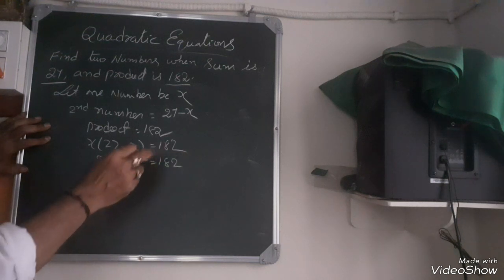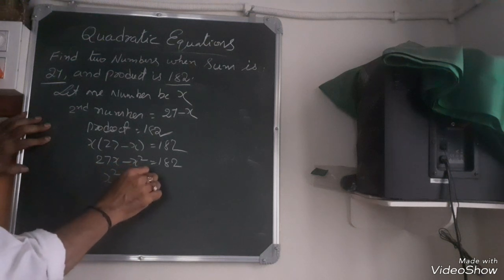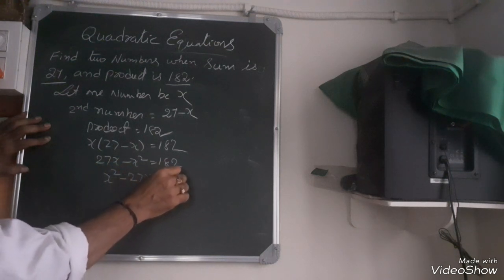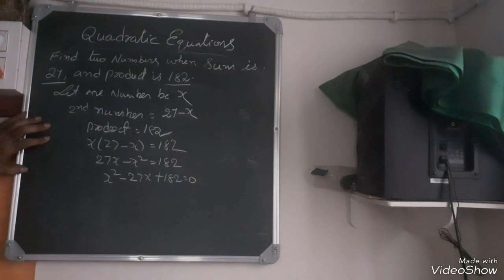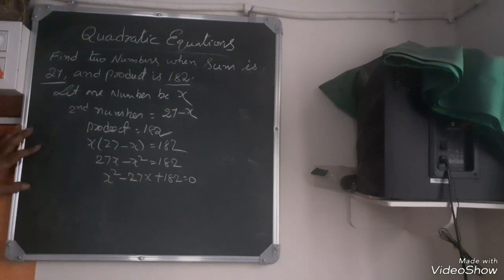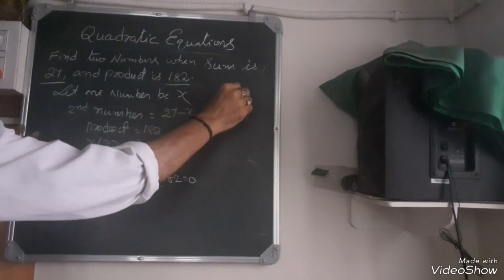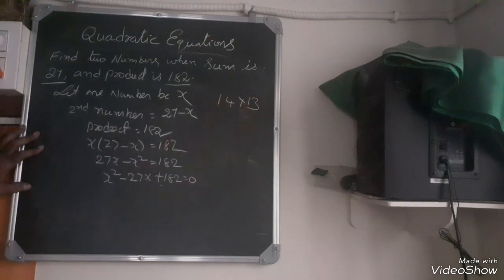Taking these to the other side, x square minus 27x plus 182 equal to 0. Now you factorize it. We want factors of 182, by adding we want to get 27. Since the sign is plus, we can take 14 into 13, 182, and 14 plus 13 is 27.